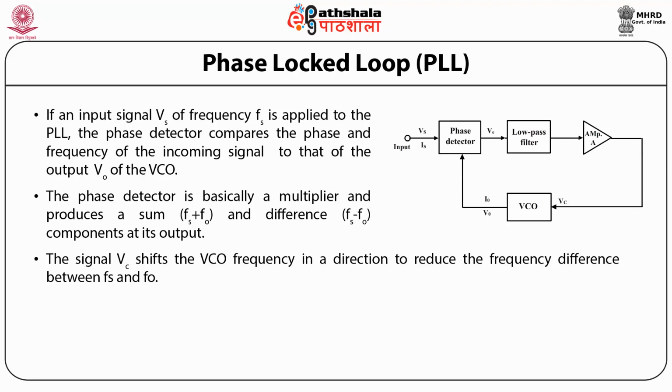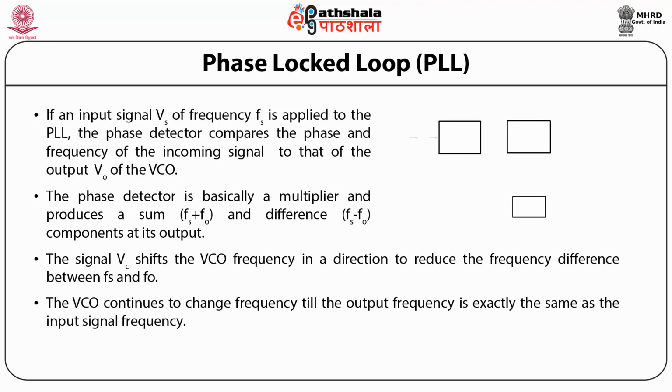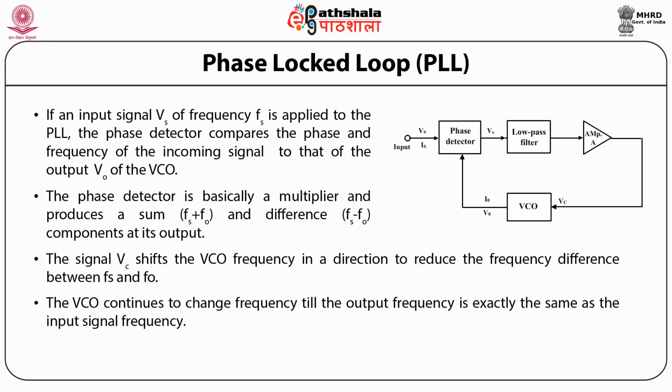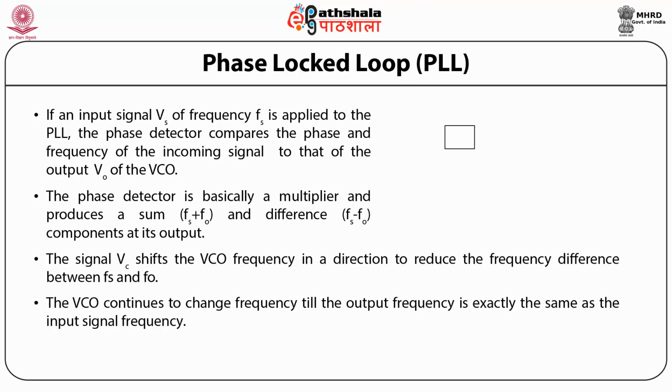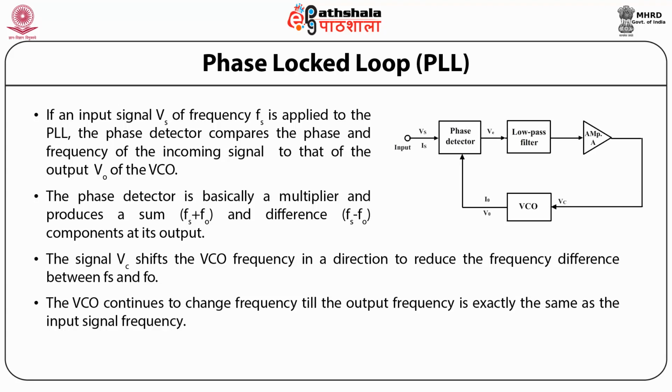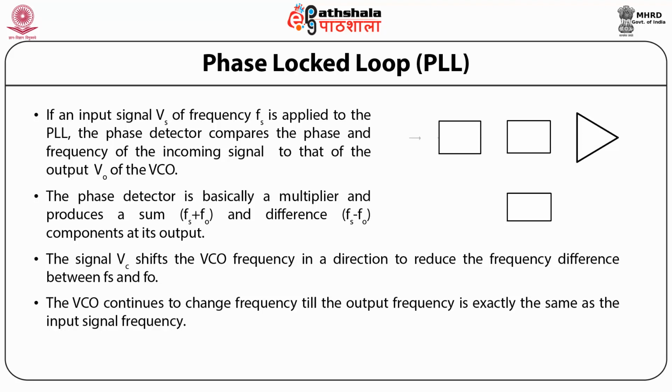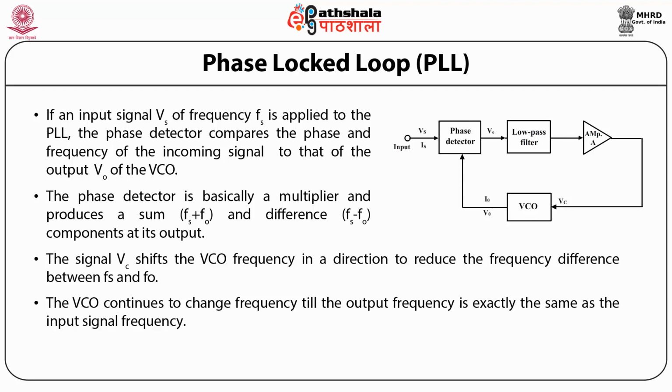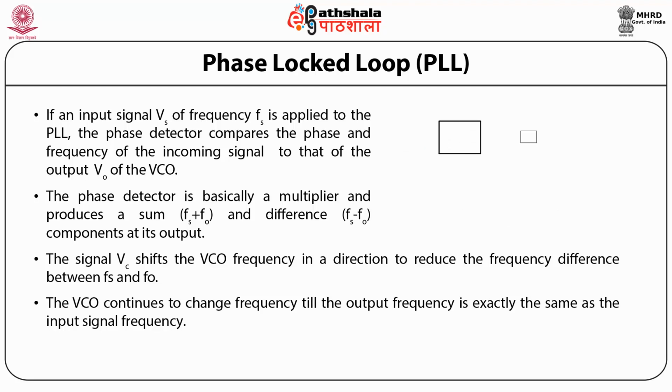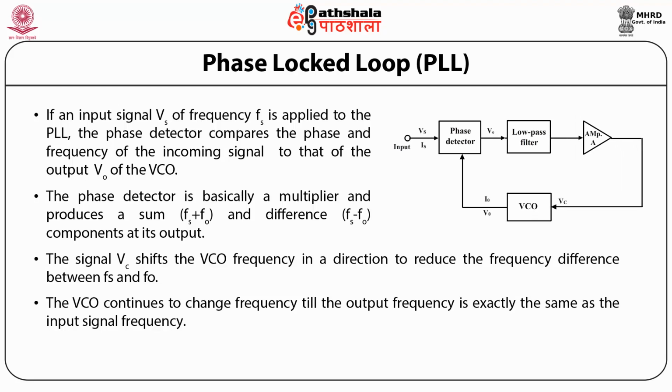Once this action starts, we say that the signal is in the capture range. The VCO continues to change the frequency till the output frequency is exactly the same as the input signal frequency. The circuit is then said to be locked. Once locked, the output frequency F0 of the VCO is identical to Fs except for a finite phase difference phi.